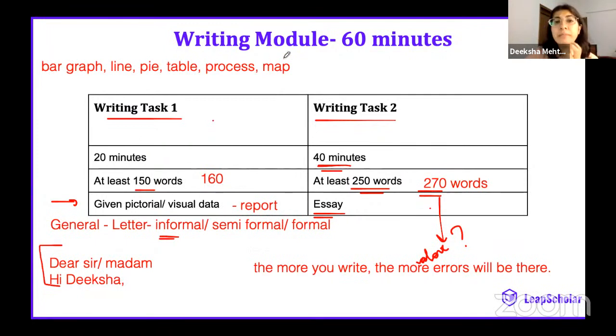So can someone tell me what formal style means? What does formal style mean? See, MAM is an abbreviation, avoid that.